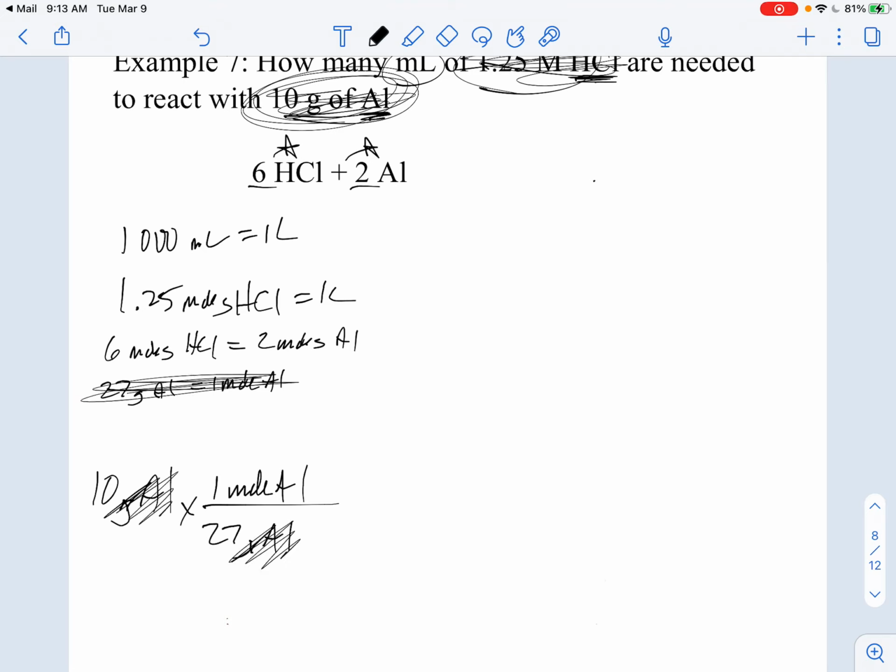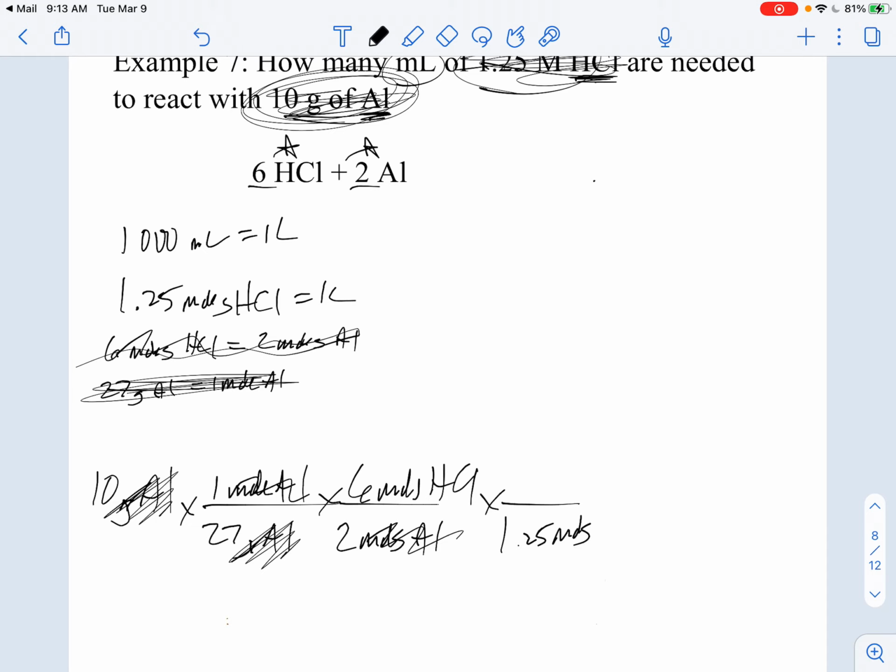And then I'm going to do 2 moles of aluminum down here and 6 moles of HCl up here so that that cancels. And then I'm going to do 1.25 moles of HCl down here and 1 liter up here so that the moles cancels the moles. And then I'm going to have 1,000 milliliters over a liter for this equation, and I am done.